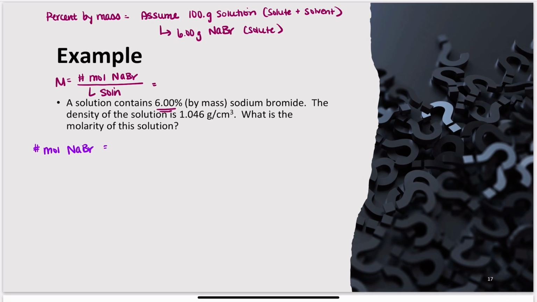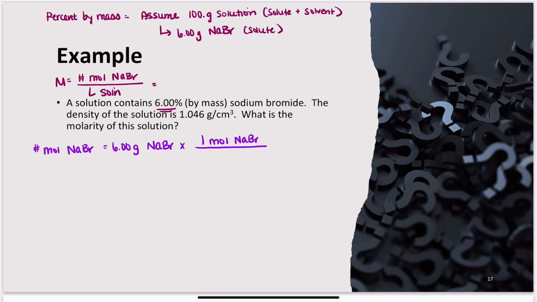If I have 6 grams of sodium bromide, I'm going to convert to moles. 1 mole of sodium bromide: sodium is 22.99 grams per mole, bromine is 79.90 grams per mole.